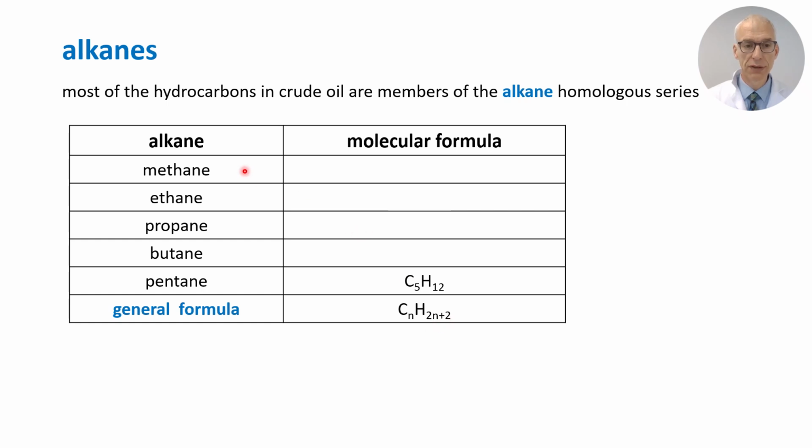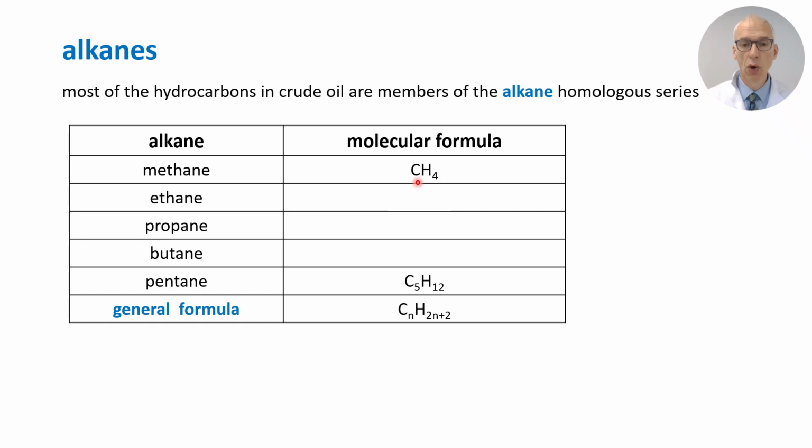Now, these first 4 members of the alkane homologous series follow the sequence 1 carbon, 2 carbons, 3 carbons, 4 carbons. Can you work out the molecular formula for each in turn? Stop the lesson, work out the molecular formulas, come back to check when you are ready. Okay, so I'm going to reveal.